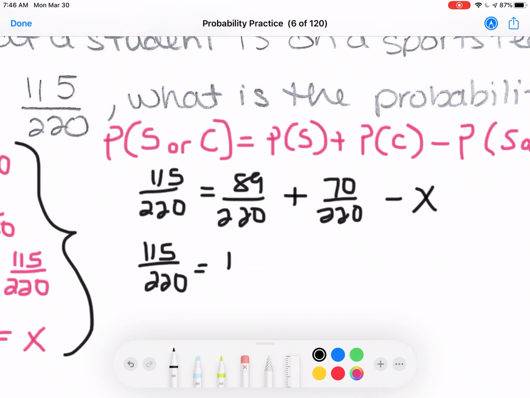So add everybody up, do a little bit of equation solving here. We want to solve for x, so I'll subtract 159 over 220.